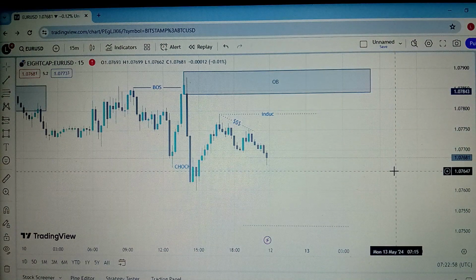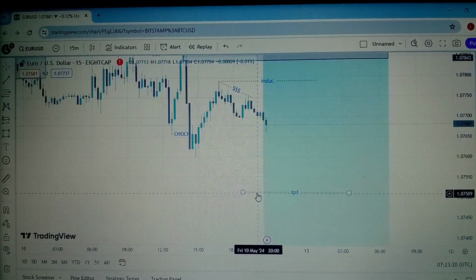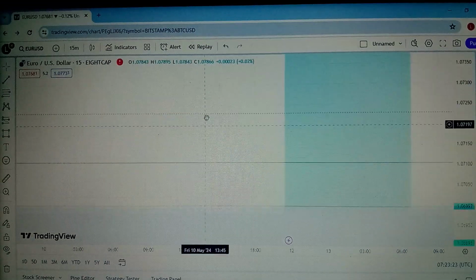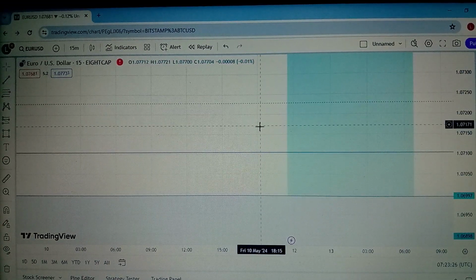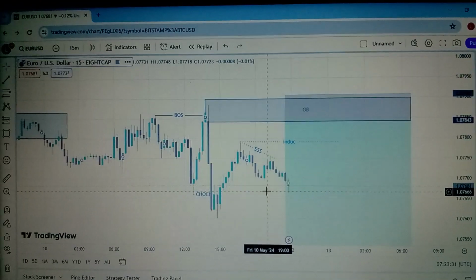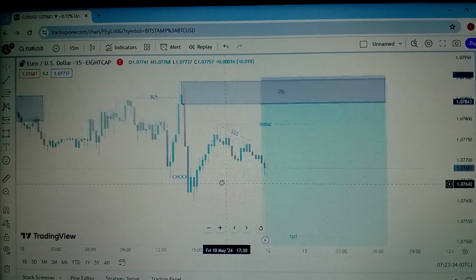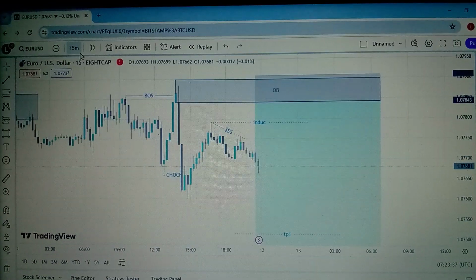For a trade of a 12 hour, I'll leave it to target, so 80% off at 1 to 5, which is my TP1, targeting my 4-hour POIs. That's what I'll be looking for on US dollar. That's the trade.